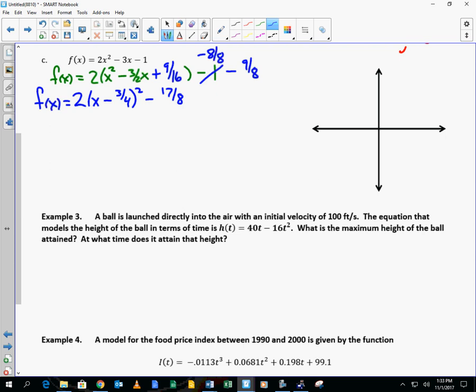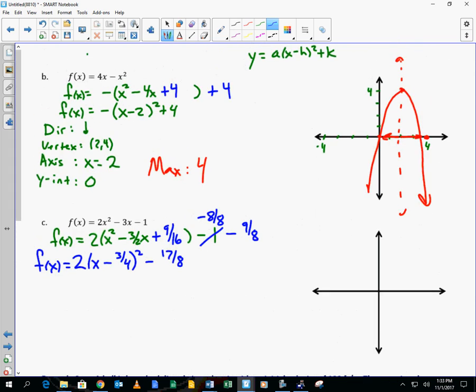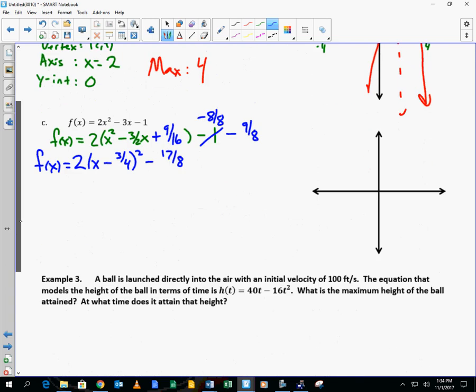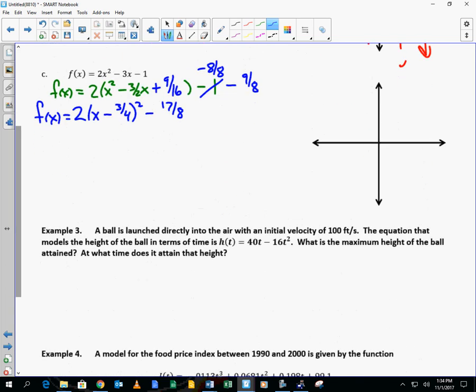But 2 times 9/16 is going to give me the true value of it. Just like up above, we said that's not really a 4, it's a negative 4. Same thing here. That's not really a 9/16, it's a 9/8 because I multiplied by the 2. Okay. All right, so we've got that.